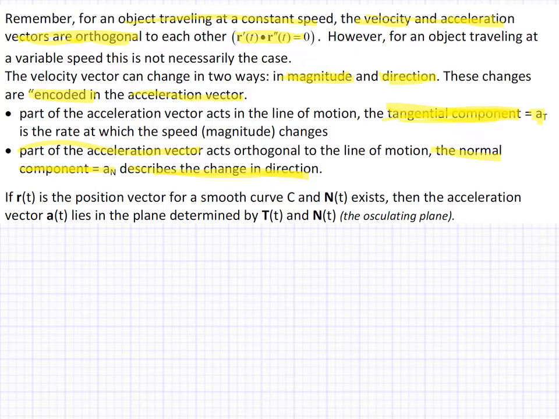But if we decompose the acceleration vector into two separate vectors, being the unit tangent and the unit normal vector, we can see how the acceleration vector will describe the changes that are occurring in the velocity vector as they relate to both magnitude and direction. And again, we're going to call it the tangential component, which we'll describe with a sub t, and the normal component, which we'll describe with a sub n.